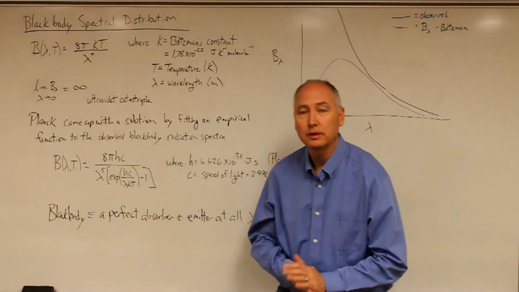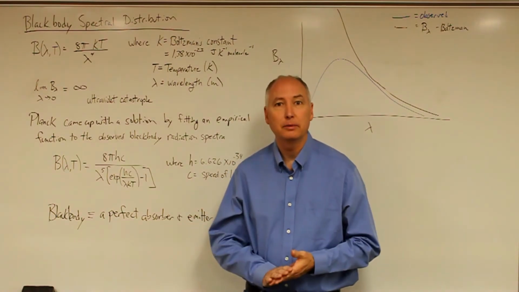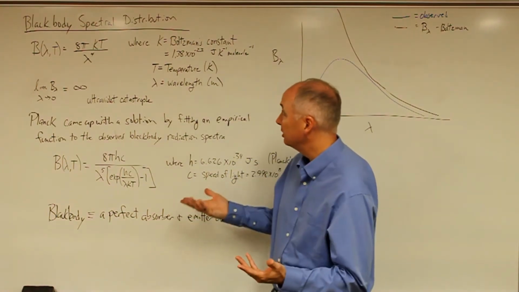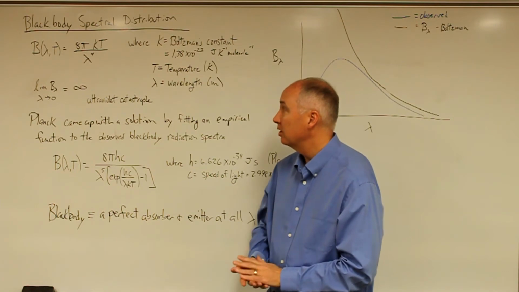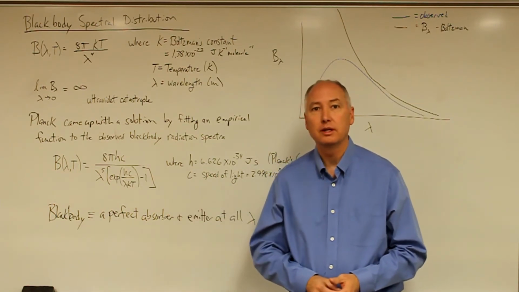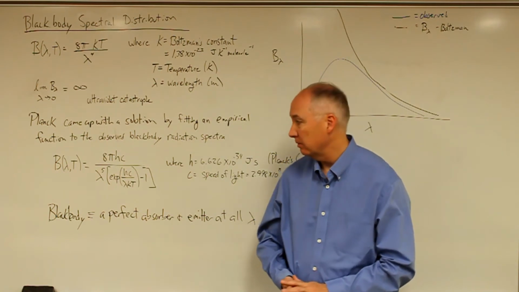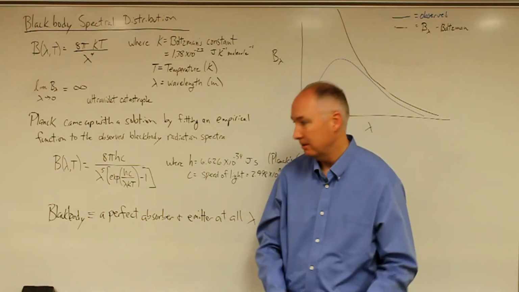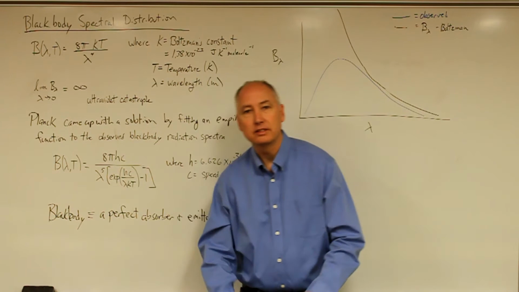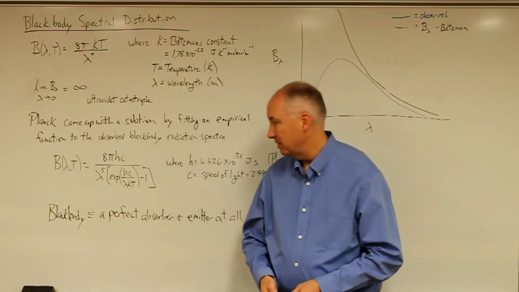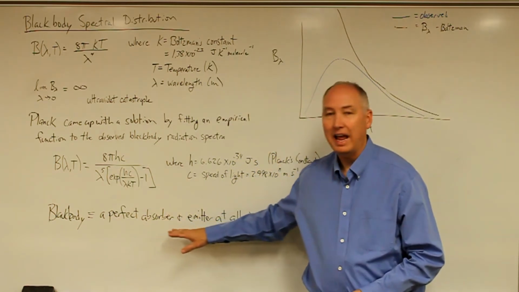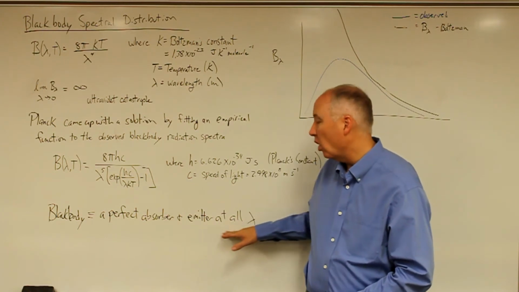In this lecture, we're going to talk about the blackbody radiation spectral distribution. Boltzmann was the first person to try and describe the spectral distribution of radiation from a blackbody. And what do I mean by a blackbody? A blackbody is a theoretical object that is a perfect absorber and a perfect emitter at all wavelengths.